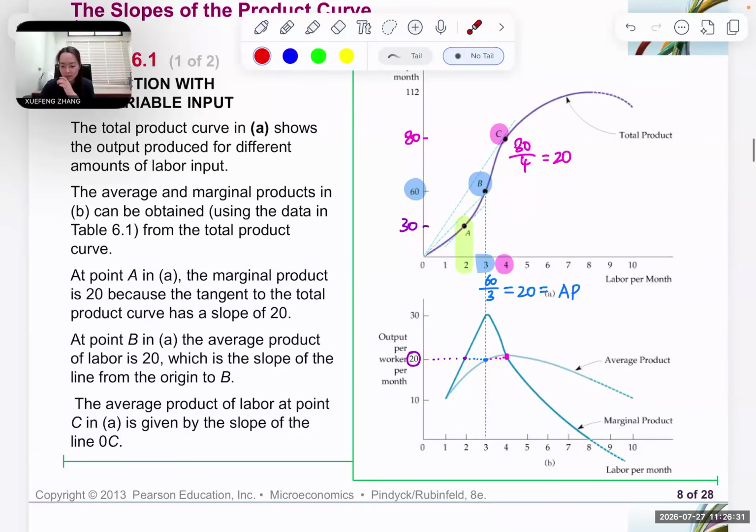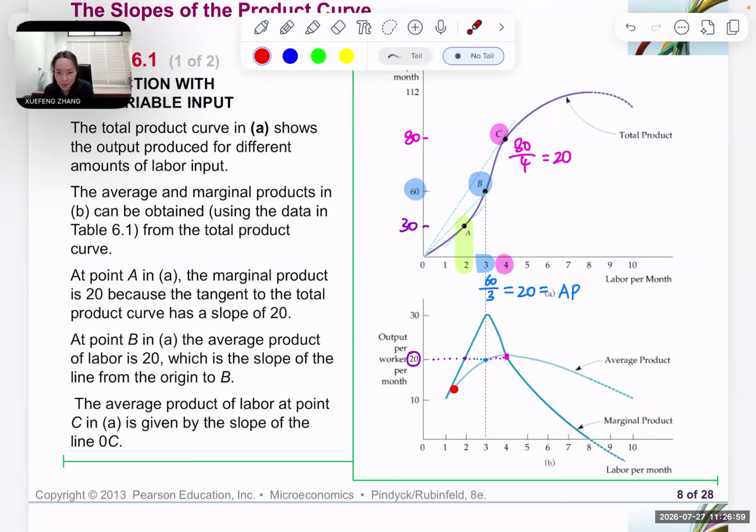So here, marginal product rises, then peaks around L equal 3, which means MP equal 30, then declines until L equal 8, where MP equals 0, and then becomes negative.